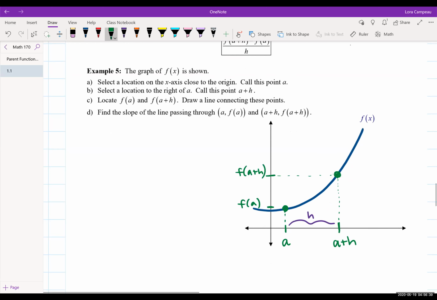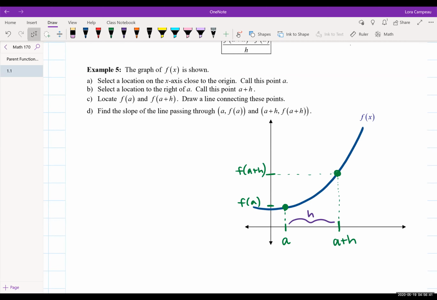And once we locate those two points, we don't really know their numerical values, we know their generic values. What we can do is draw a straight line through those two points, I'll do the best I can. And it's okay, I prefer rulers, but we'll go with it. We have ourselves a line.